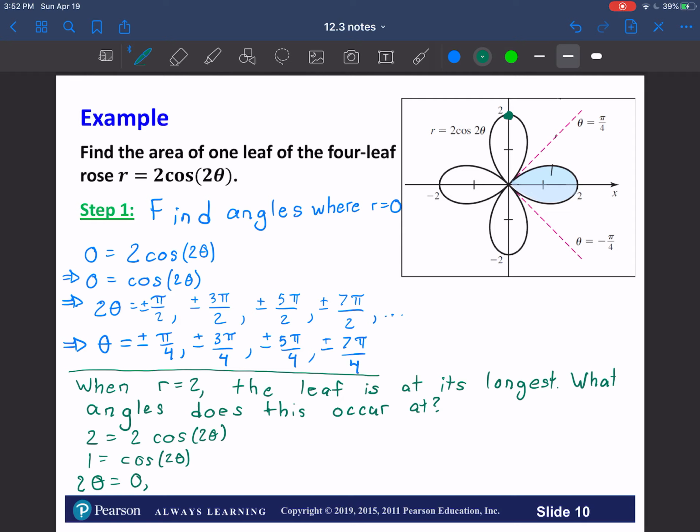It will occur at 2 pi, at 4 pi, at 6 pi, and it can also occur at negative values, so negative 2 pi, negative 4 pi, or negative 6 pi, and this continues on indefinitely.